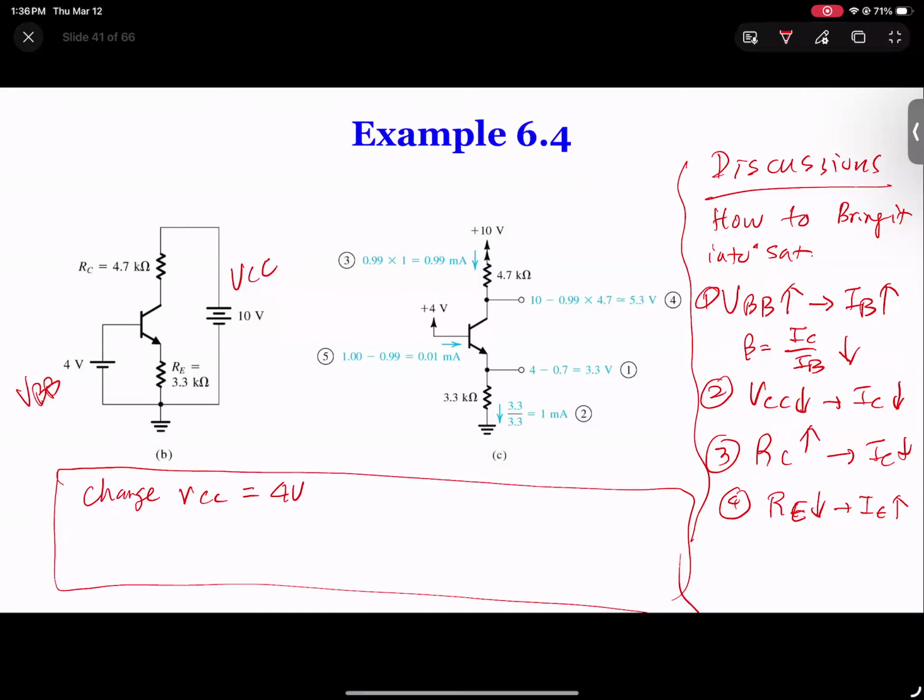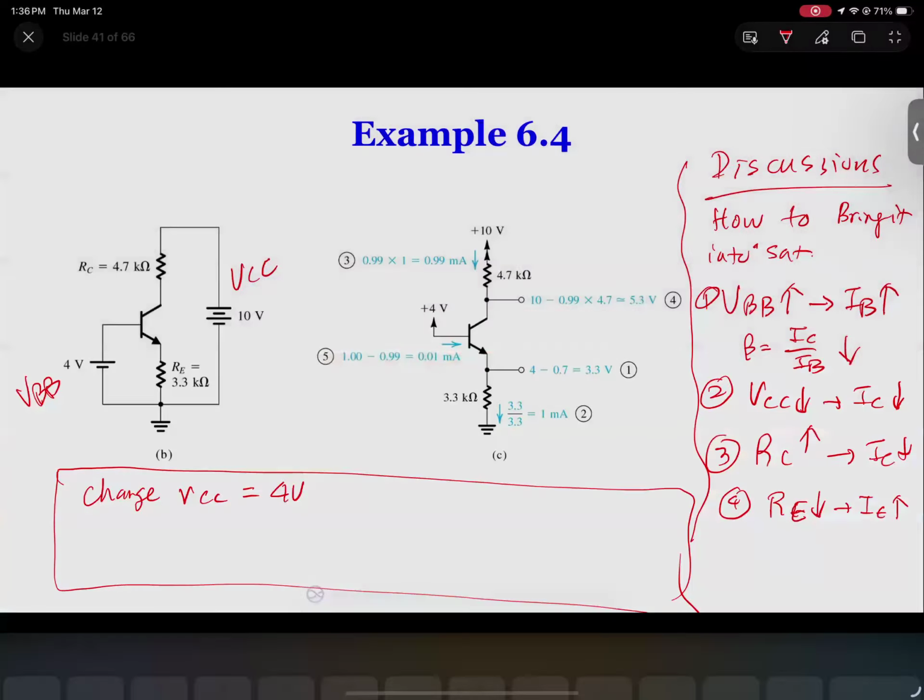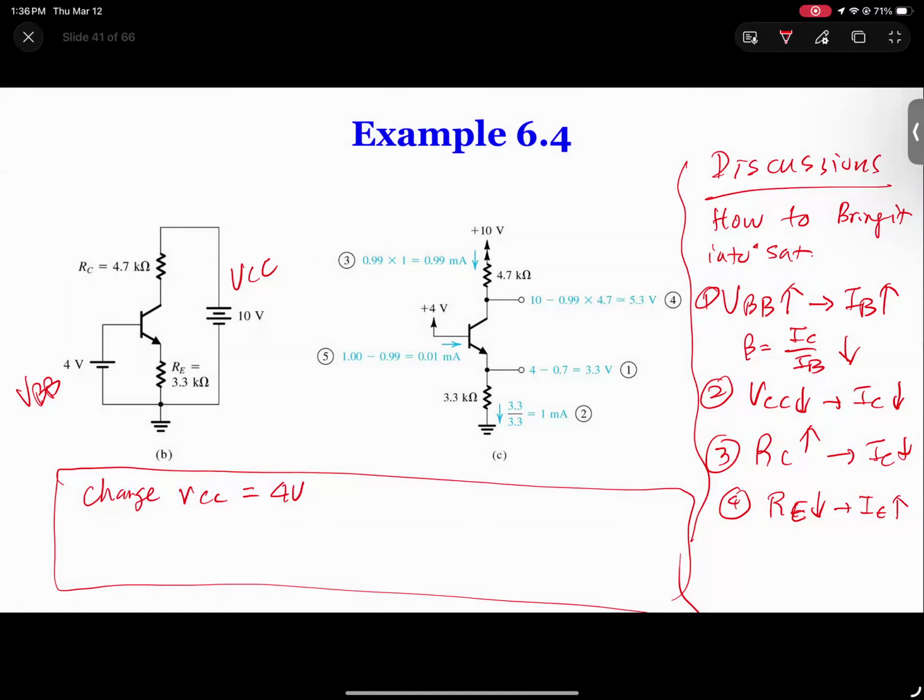So if VCC is 10 volts, I'm going to assume it's in saturation, because this is what I wanted. If I want it in saturation, I have VCE of 0.2 volts.